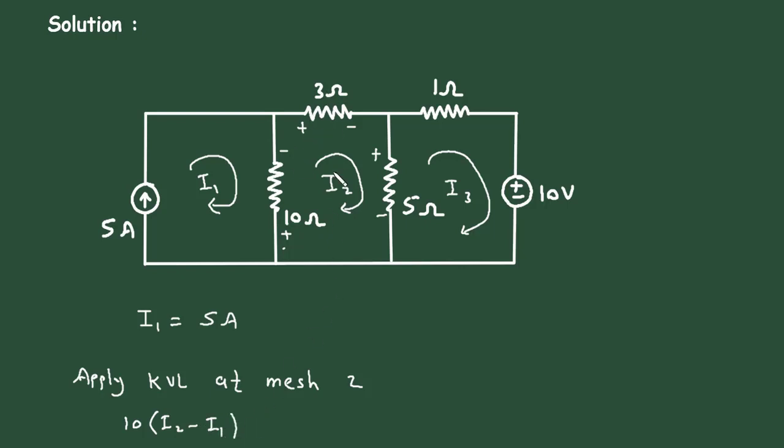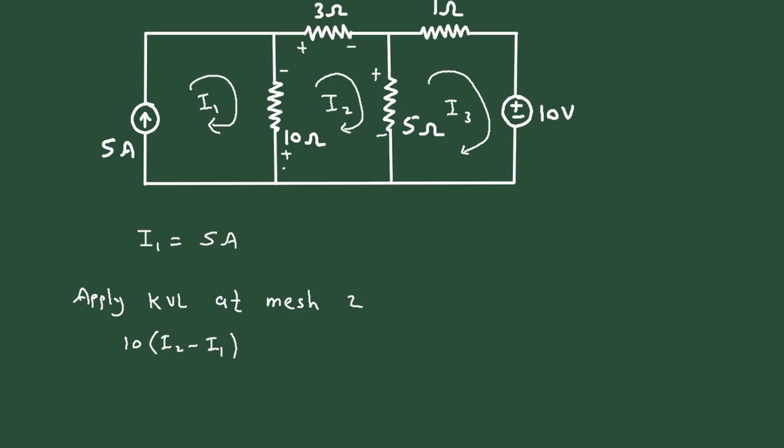Then plus 3 I2. Then plus again this 5 ohm is in common in mesh number 2 and mesh number 3, and we are solving for mesh number 2, so it will be 5 times I2 minus I3, and then is equal to, here the loop is completed, so is equal to 0.